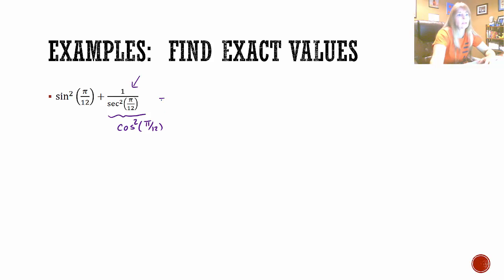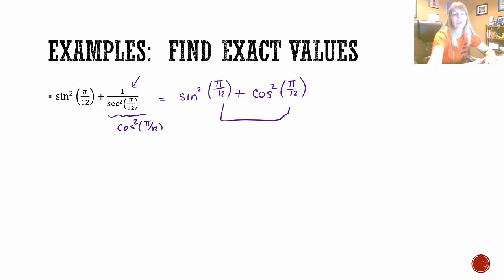So let's rewrite it. I have sine squared pi over 12 plus my reciprocal identity cosine squared pi over 12. As long as these angles match and they're squared, sine squared plus cosine squared, that's my identity that equals 1. Let's stop right there and finish up the next one.